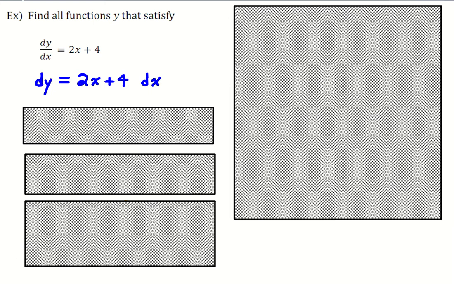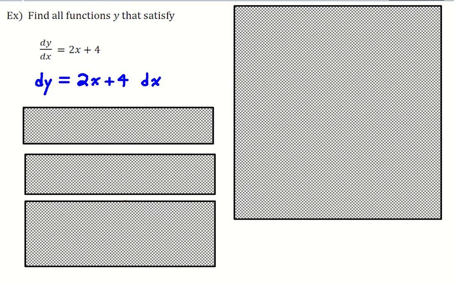Well, we take the integral, of course. But first, something technical that you could do is multiply the dx to the other side.